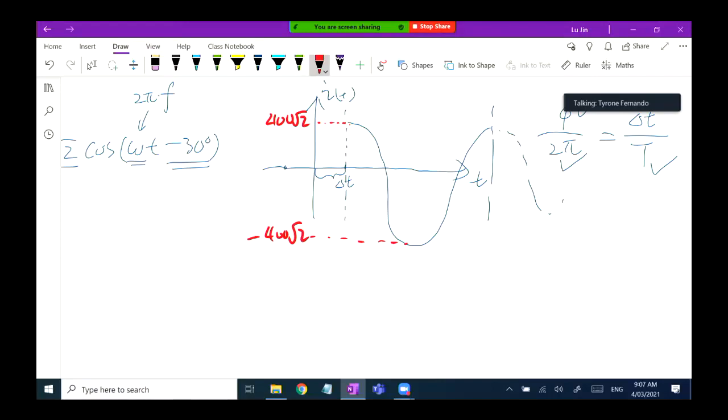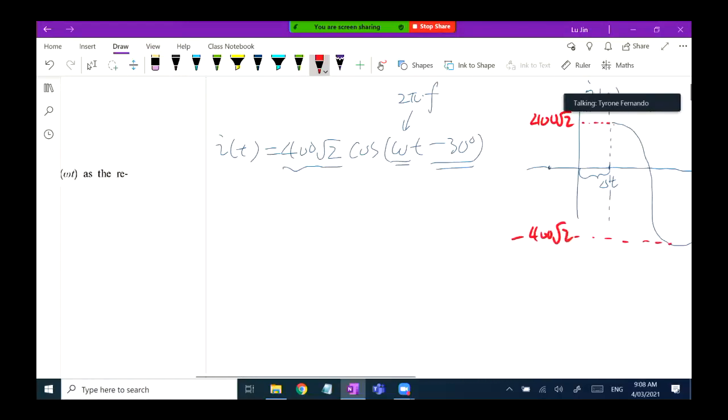What we are going to do is convert this time domain instantaneous current i(t) into what we call the frequency domain. In other words, that is the phasor form of the current. When you convert a function from the time domain to the frequency domain into the phasor form, what do we need to notice? Here, I give you a quick result.